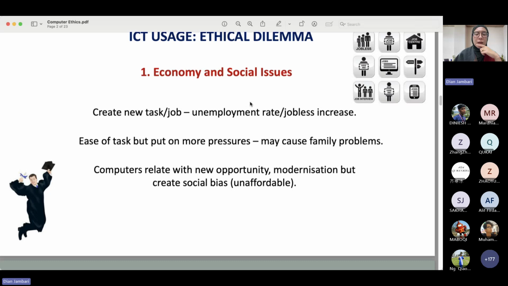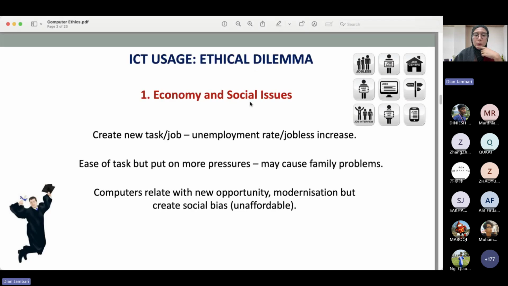The first ethical dilemma is where we are in a conflicting situation, having to determine between issues related to the economy, so the money part, and social, which means the impact of the use of that ICT. So what do I mean by this dilemma of economy versus social issues?